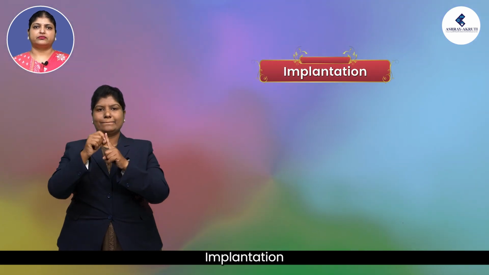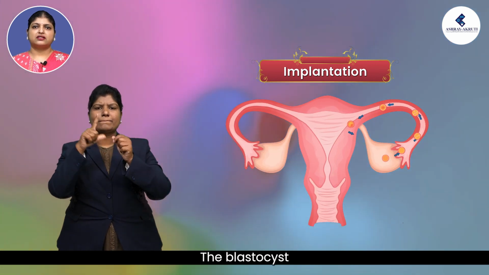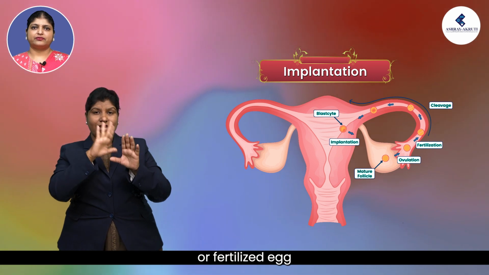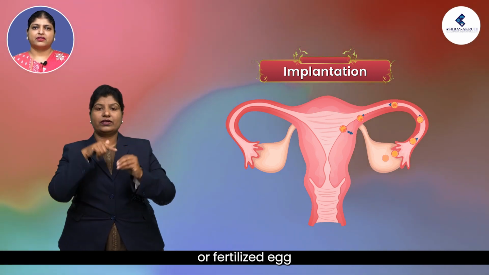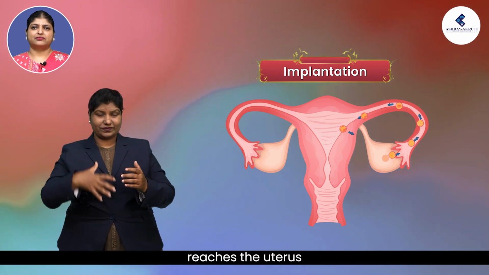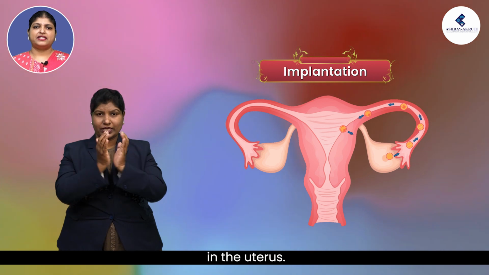Implantation. The blastocyst or fertilized egg reaches the uterus and gets implanted in the uterus.